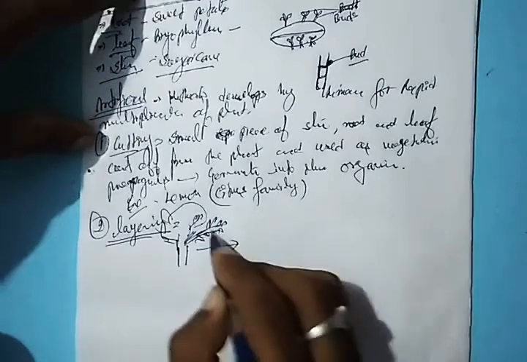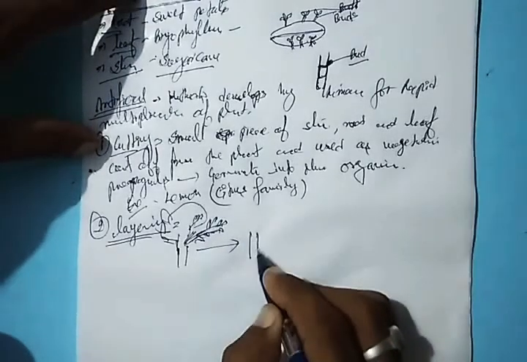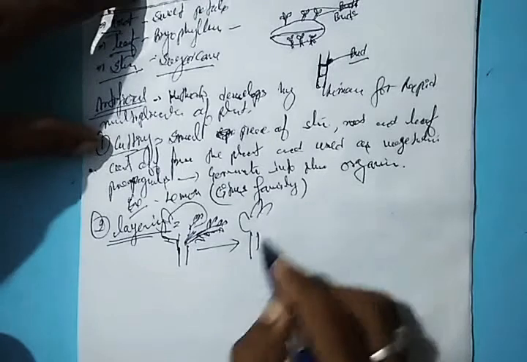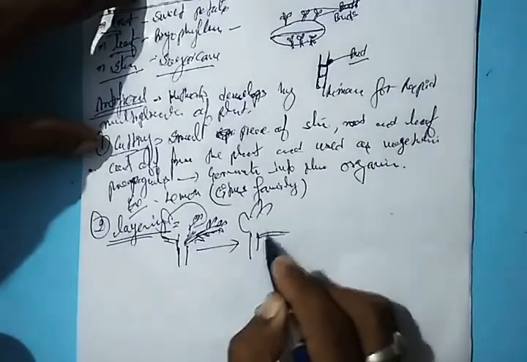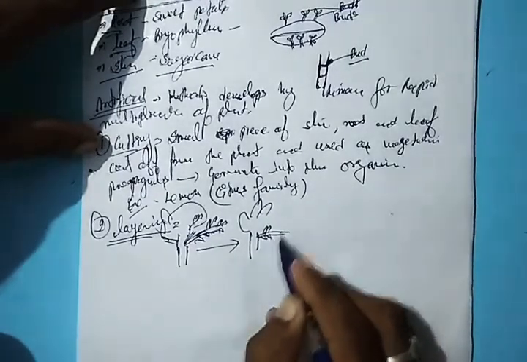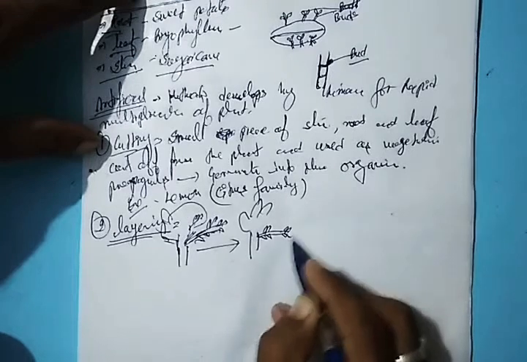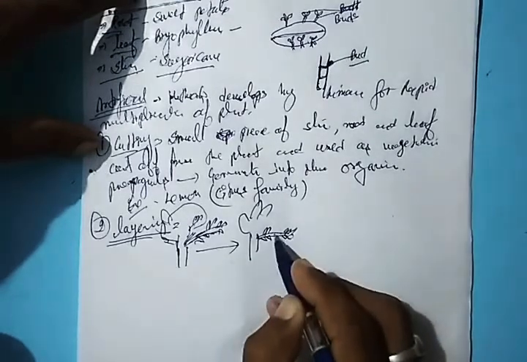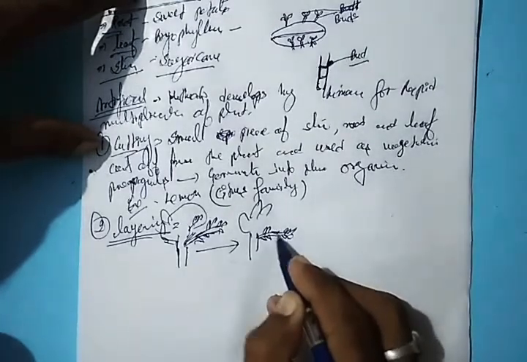Take this branch and defoliate it from a specific area and give a small cut.